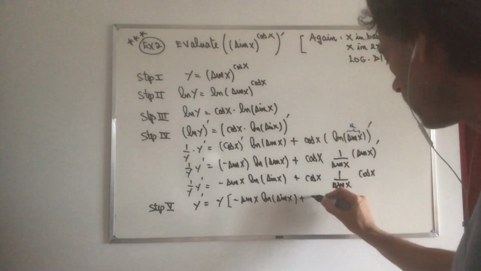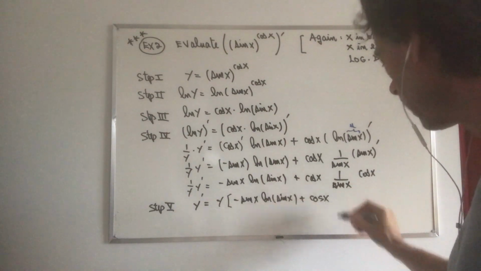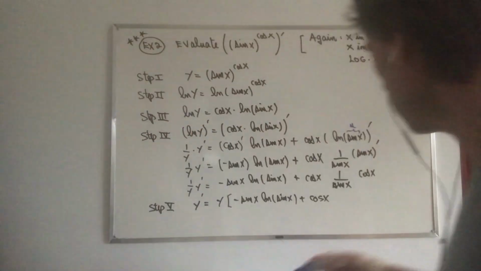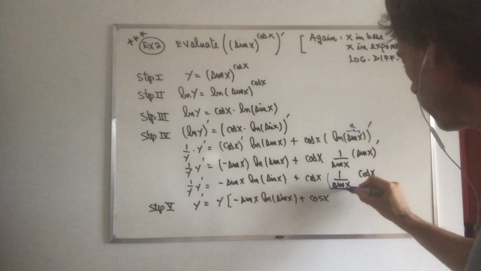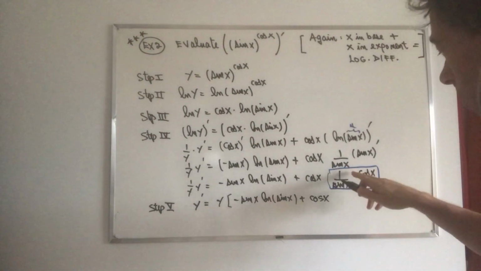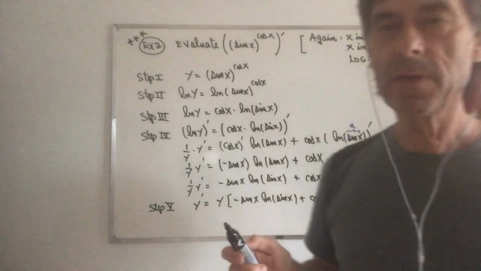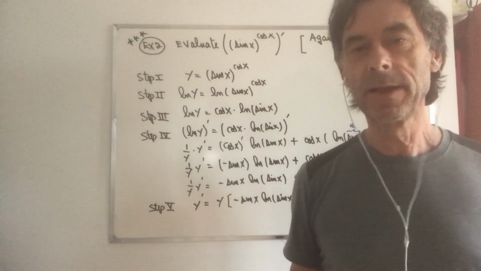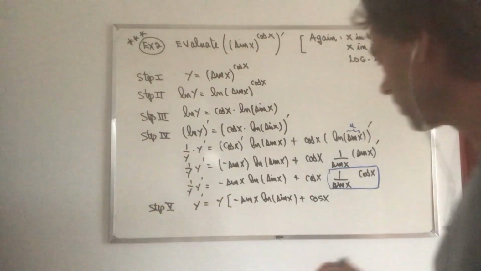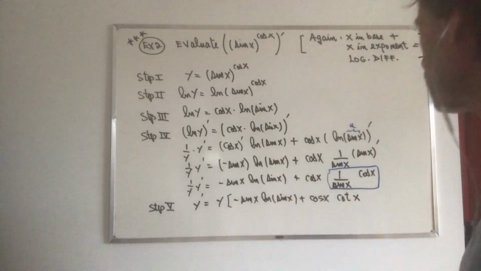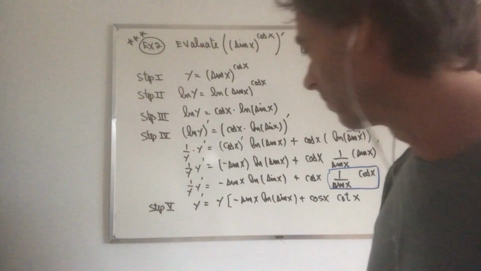Would you agree with me that 1 over sine times cos can most likely be written in another fashion? Just say I want to simplify a little bit. 1 over sine times cos, that's the same as what? Cos over sine. And what is cos over sine? If you answered cotangent, you're right on the ball. Cosine over sine, c'est la cotangente.